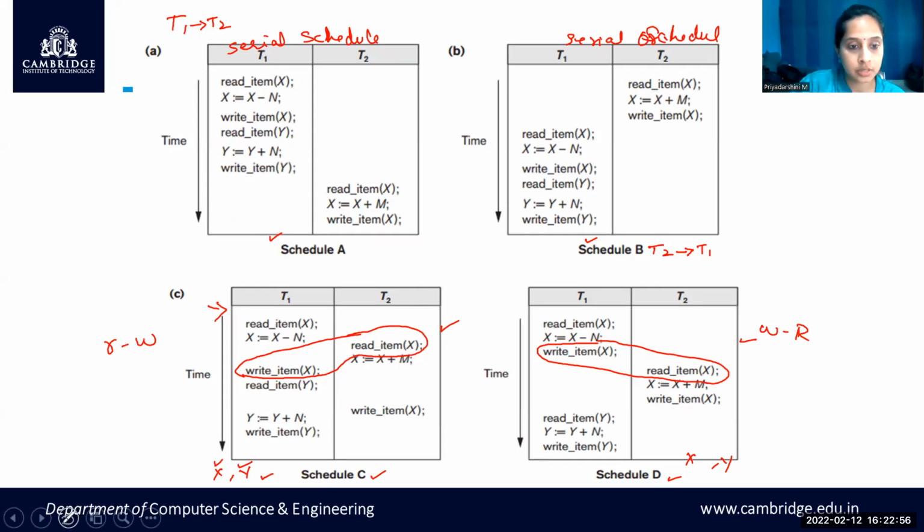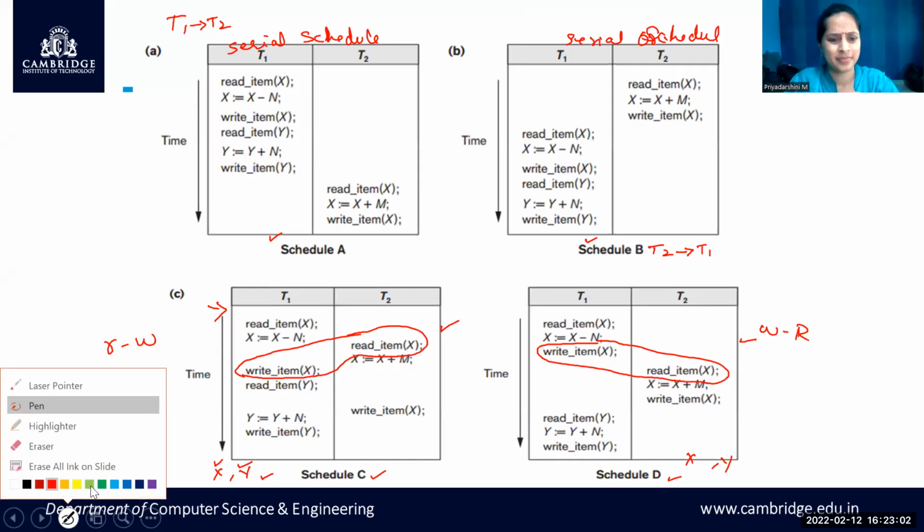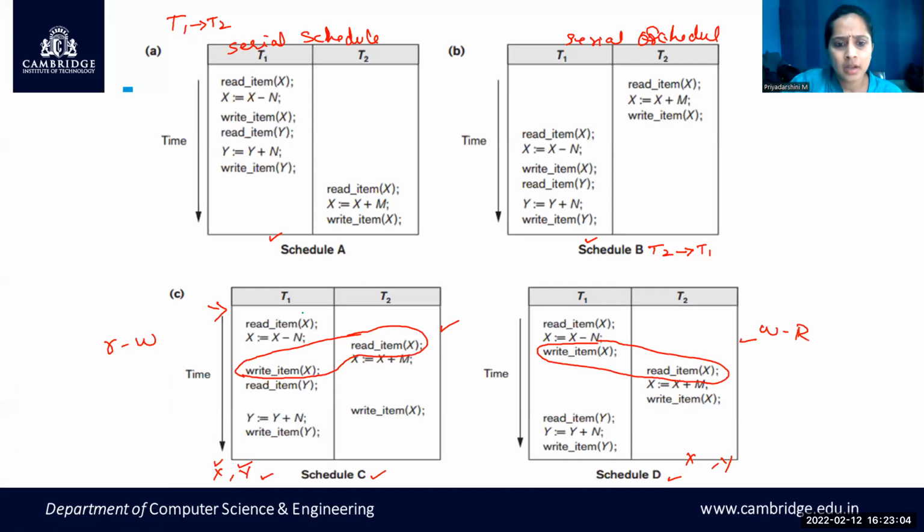Now I'll just use a different color here. I'll compare schedule C with A and B. We know that schedule C and schedule D have only two orders, either T1, T2 or T2, T1, and both schedule C and schedule D operations are the same as our schedule A and B.